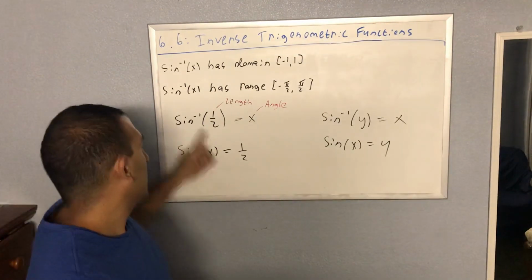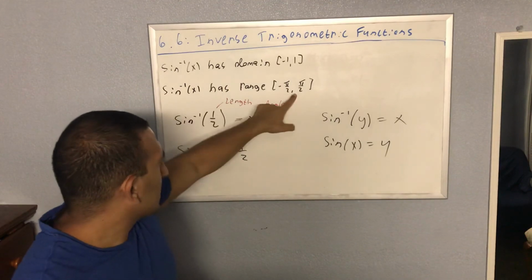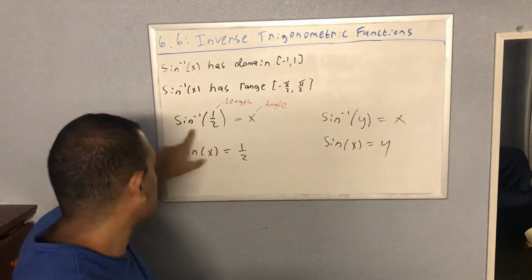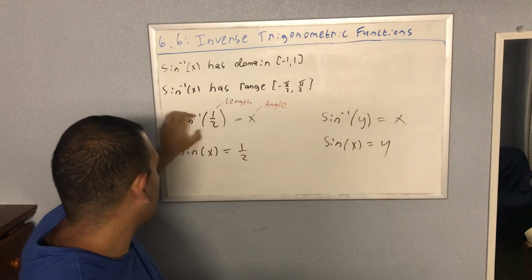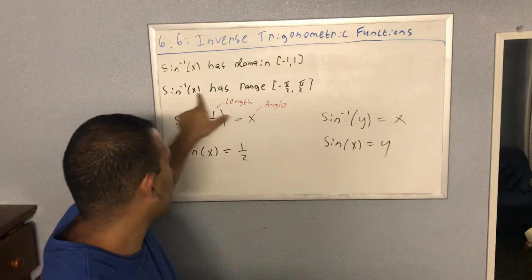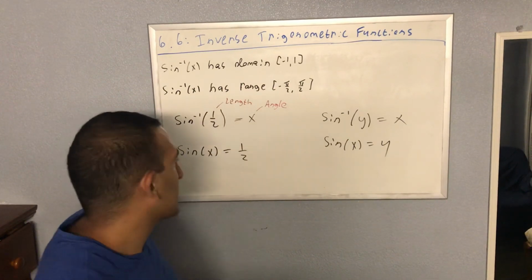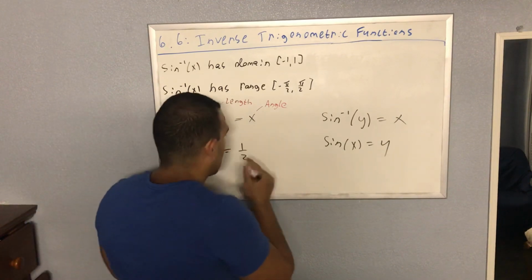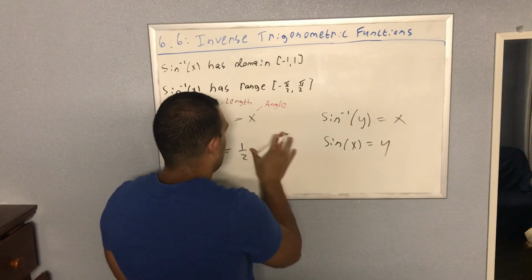But notice the range is this. So it has to be an angle that falls between these two, because x is the output of sine inverse, meaning this is a value in the range of sine inverse. And when you think about it, the answer is going to be pi over 6.